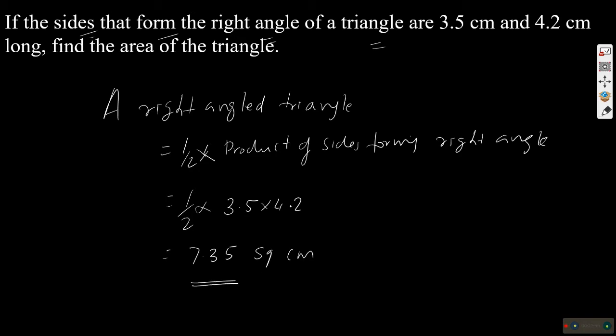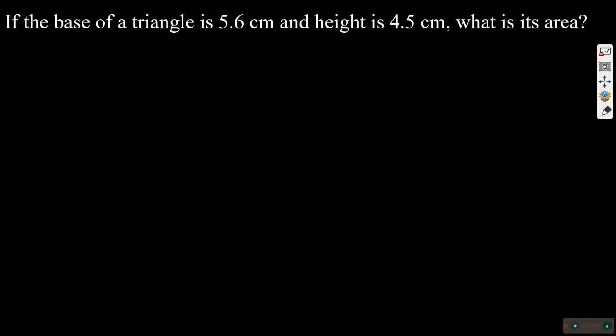Simple application of it. Very rarely you will get a simple question like this. If the base of a triangle is 5.6 centimeter and height is 4.5 centimeter, what is its area? Again, base is given, height is given, you are simply asked to find out the area of the given triangle.